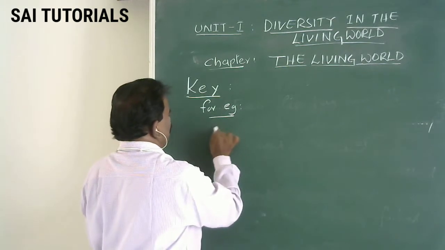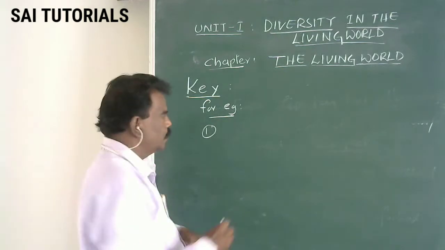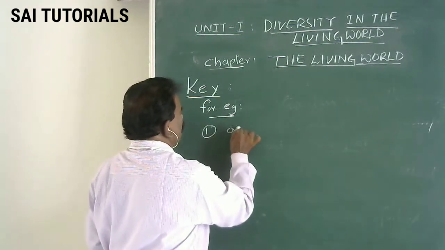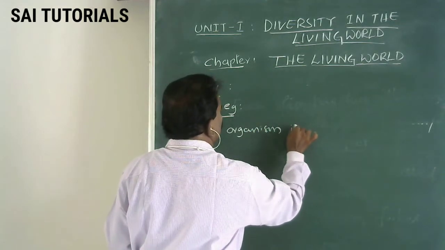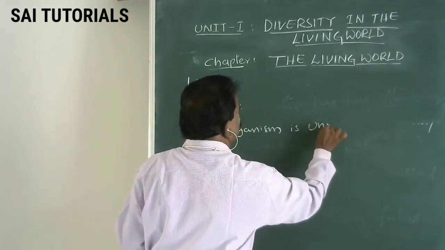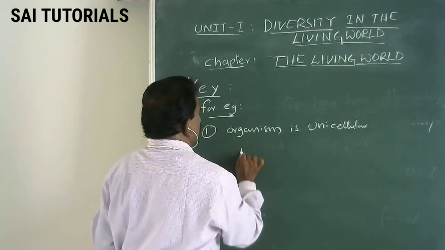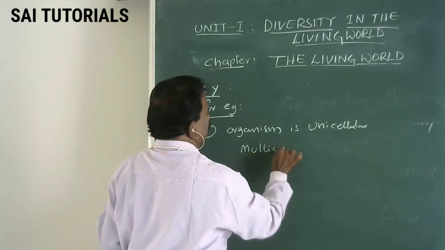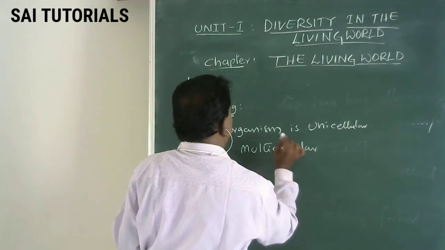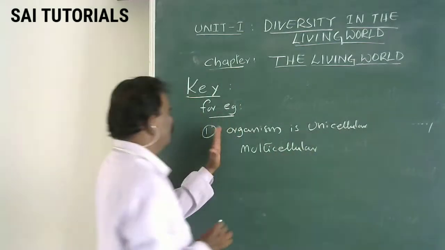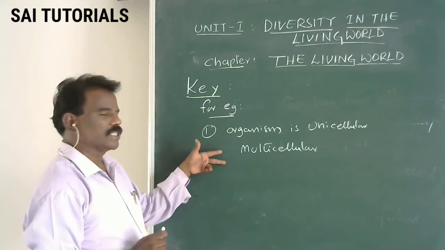The first couplet: whether the organism is unicellular or multicellular. This is a couplet. That means here two statements are there.